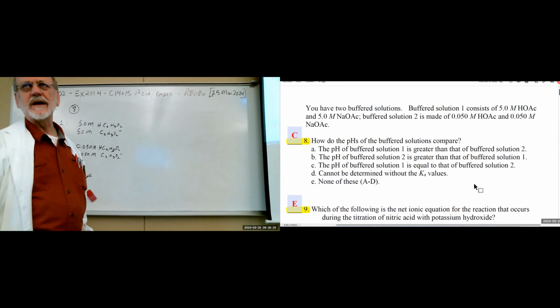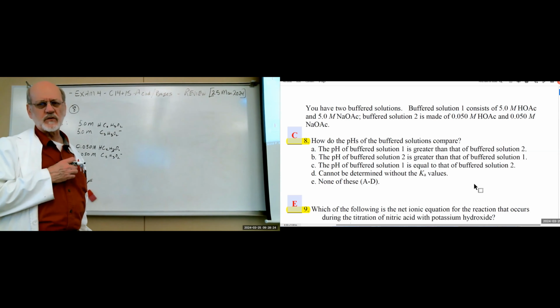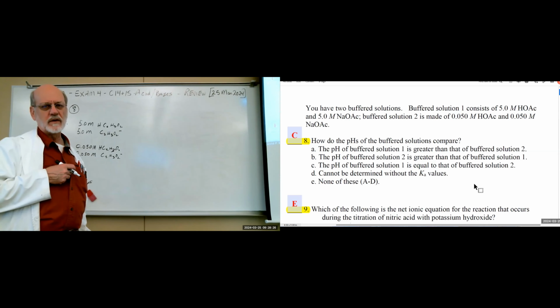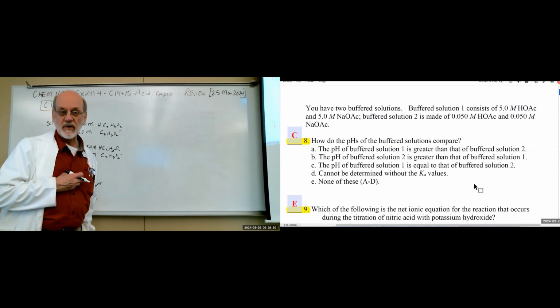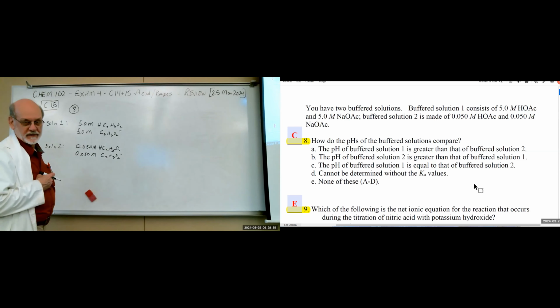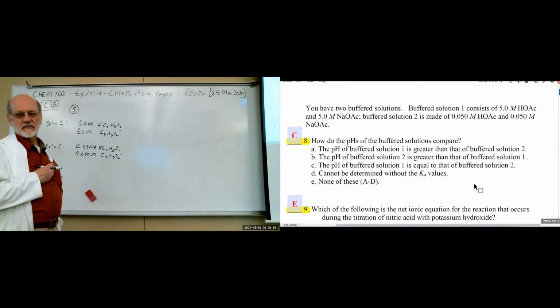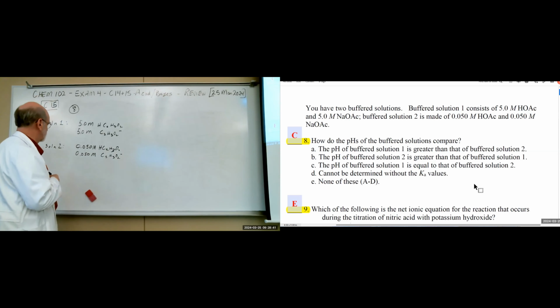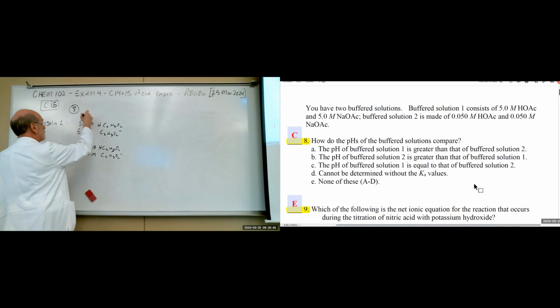All right, so 8, we want to say, how do these compare? Well, the pH of buffer solution 1 is greater than? No. pH of 2 is greater than 1? No. pH of buffer solution 1 is equal to that of buffer solution 2. And D is just stupid. We can determine without the Ka values.